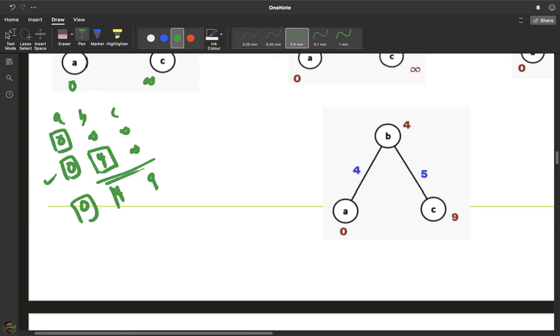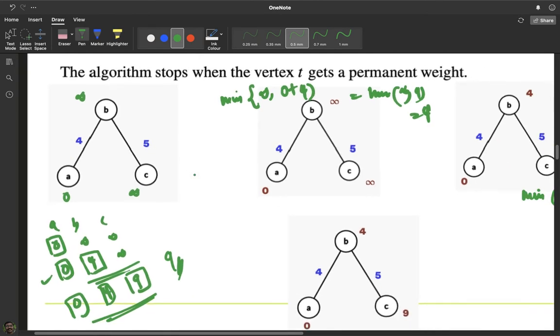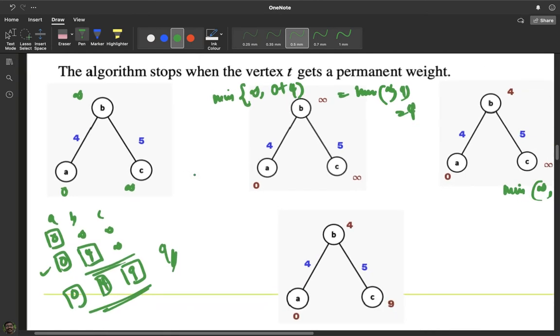A and B have permanent weights, so the only temporary weight left is that of C. It is the smallest weight, so this will be the permanent weight of C also. From this we see that the shortest distance from A to C is 9. So that is the idea. This is obvious because of this small graph, but this is how we are going to use it in bigger graphs.